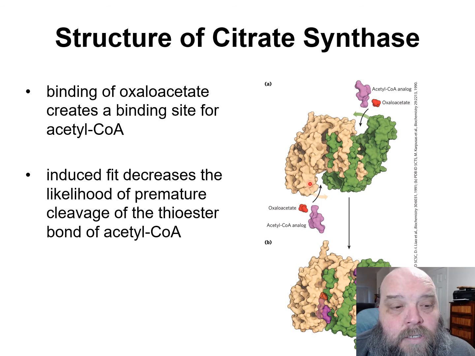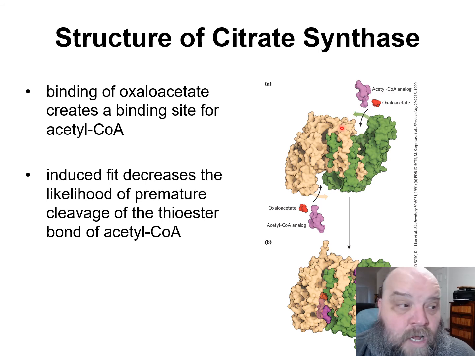Under normal conditions, citrate synthase has a shape that's near correct, but its active site does not recognize acetyl-CoA until oxaloacetate enters into its pocket as part of the active site.